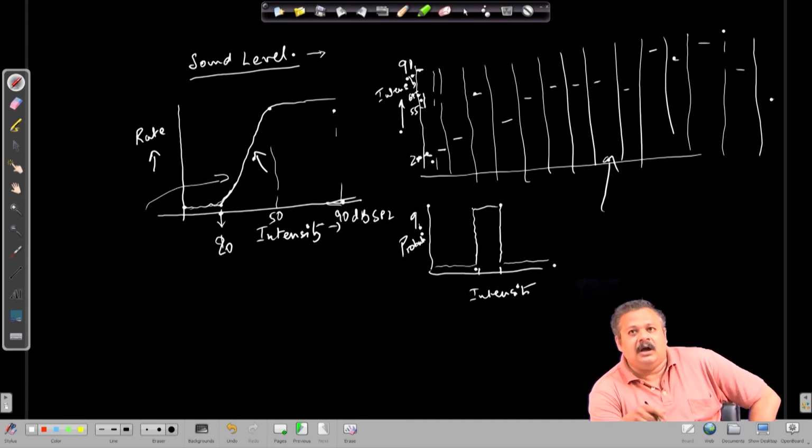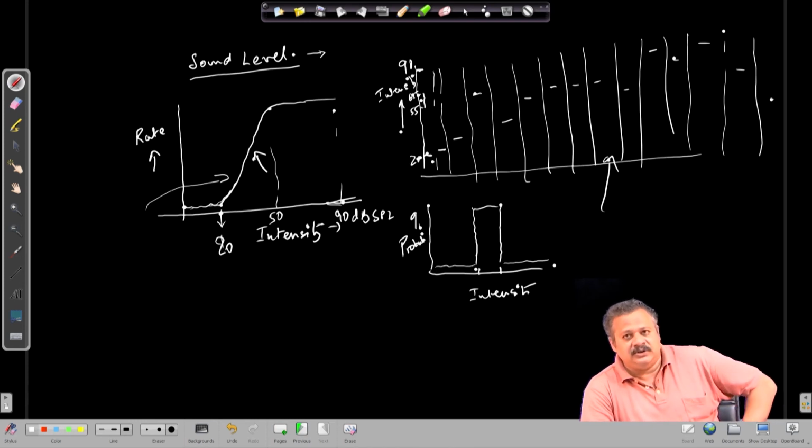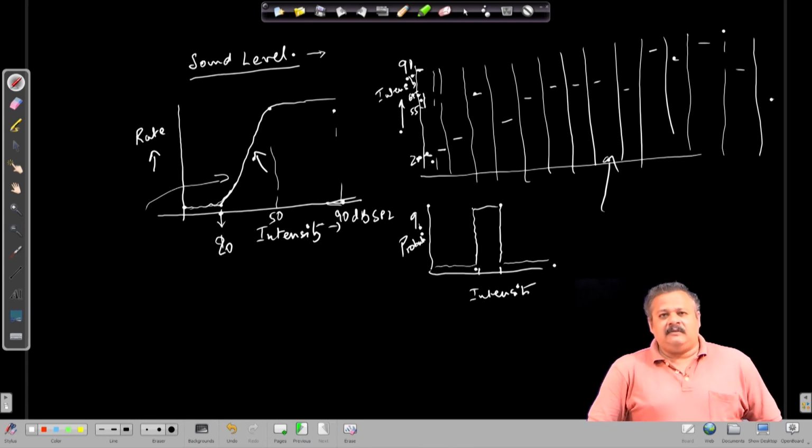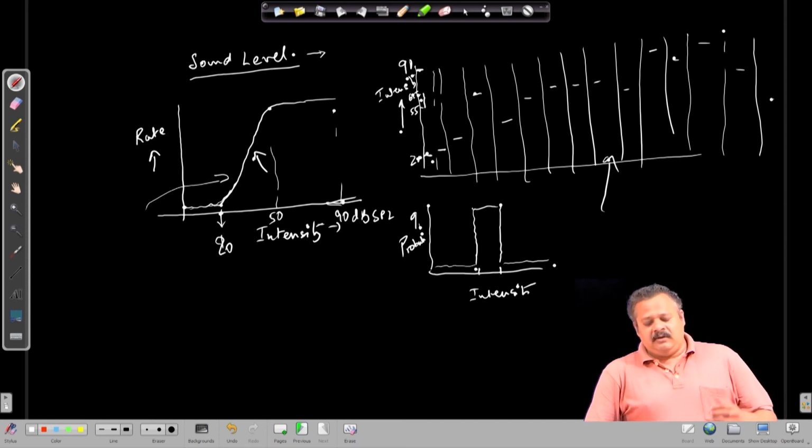However, here in the other case, what we are seeing is that a set of intensities were played multiple number of times. So, we are averaging those cases, and the other ones are occurring much fewer number of times.